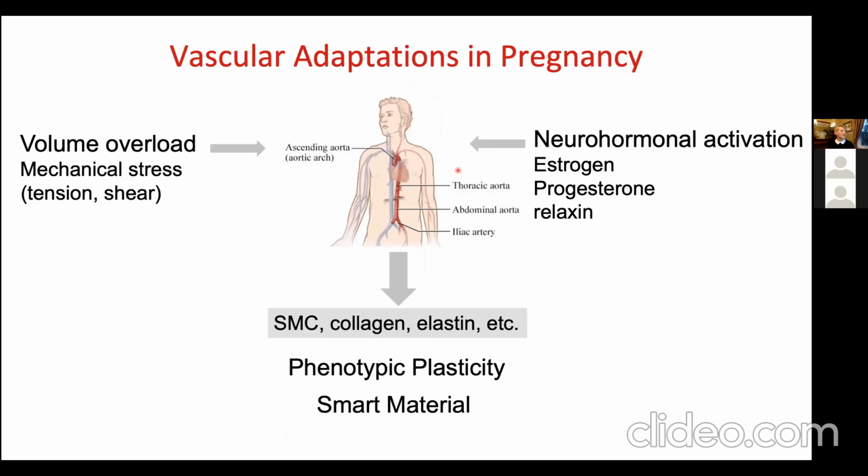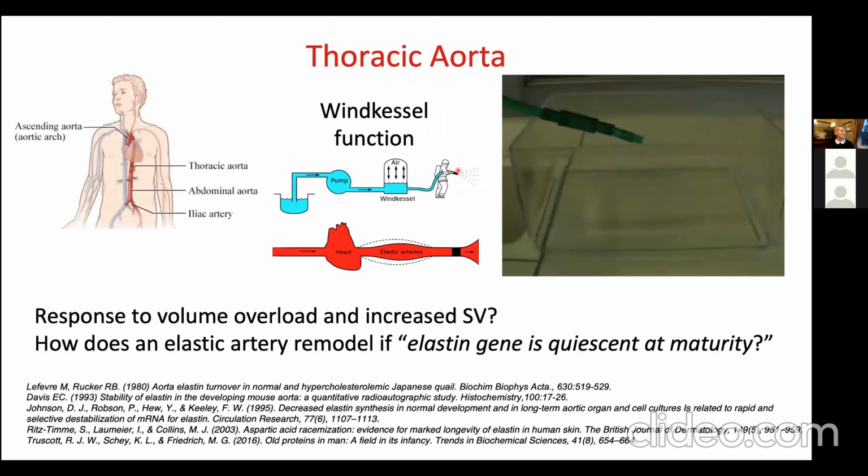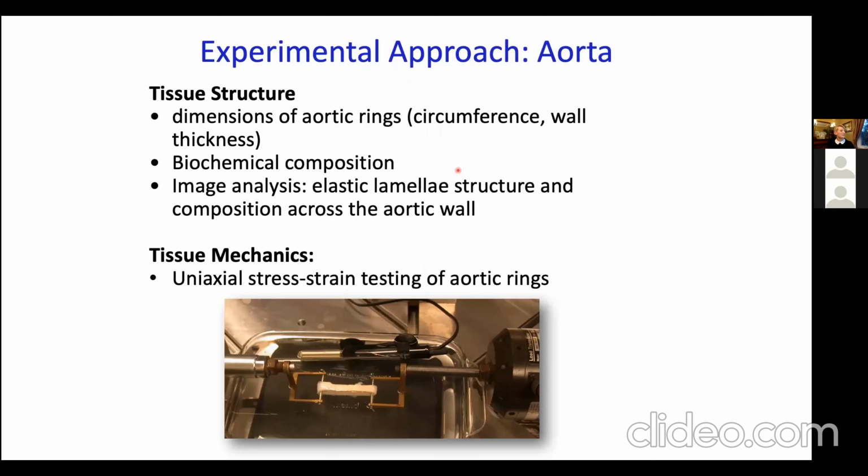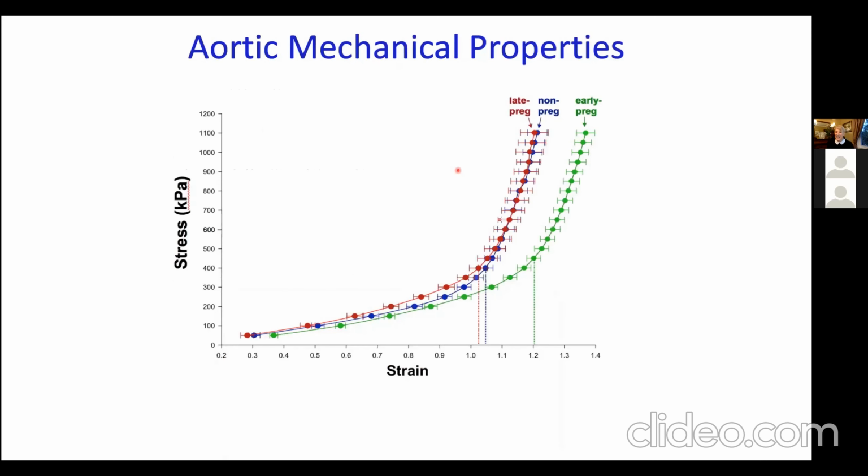So again, I'm skipping forward here to my study of the aorta. We did the same structural and mechanical studies on the aorta from cattle throughout pregnancy. And again, we saw this change in mechanical properties, although this time it went the other way.